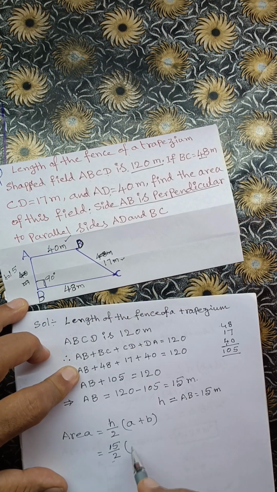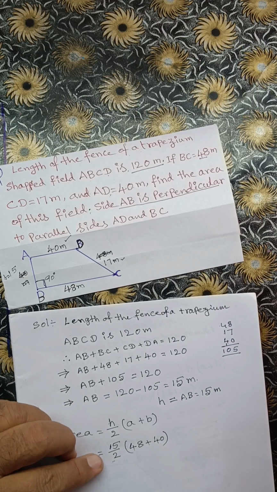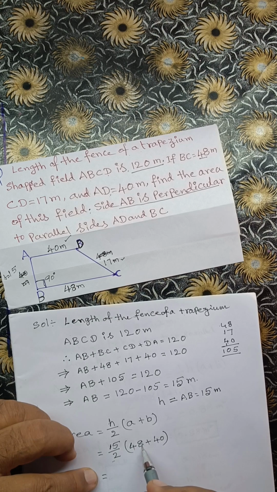This is 48 plus 40 is equal to 48 plus 40. 15 by 2 into 88.